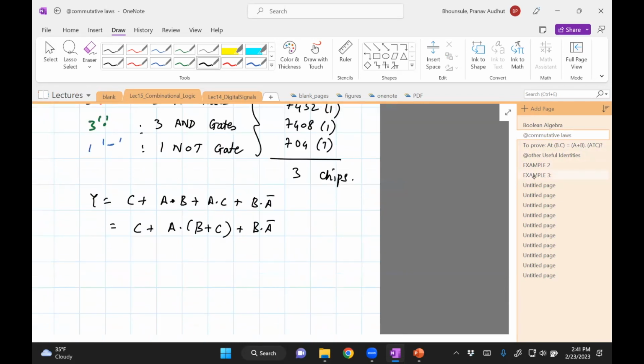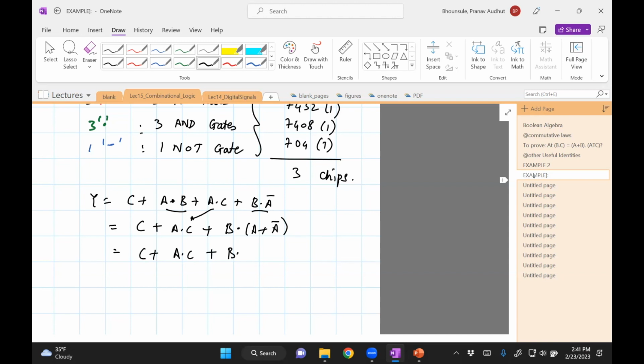Let me change my mind, not combine those, but maybe we can combine this one and this one. It might be better. So C plus A dot C, it's no problem if I switch. And I can write this as B dot A plus A complement. Okay. So C plus A dot C plus B dot, so A plus A complement is 1.